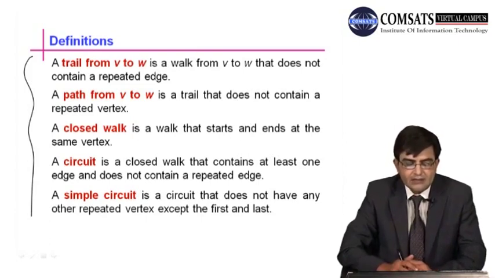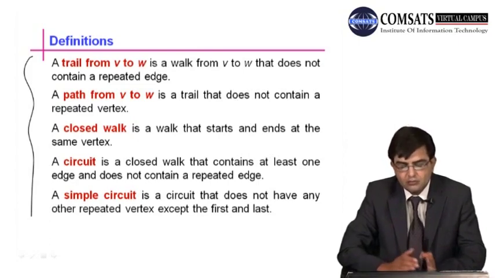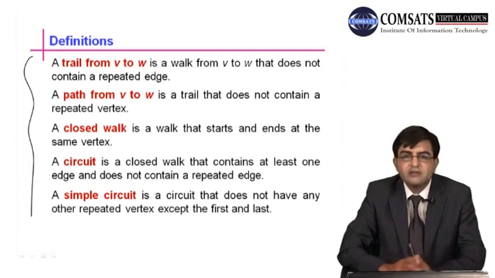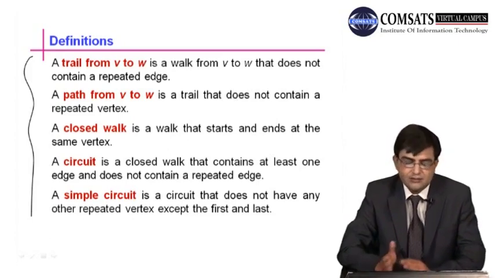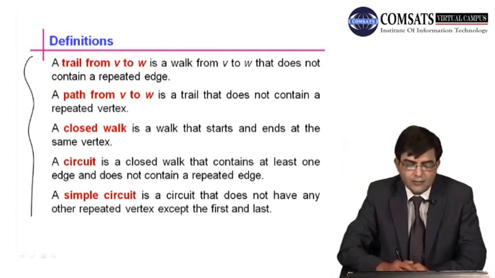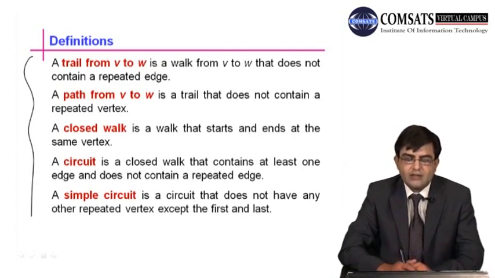The next is a path. A path from V to W is a trial. Now we have a sub definition of trial which is called a path. A trial is also a walk, so this is another particular walk also. A path from V to W is a trial that doesn't contain a repeated vertex.